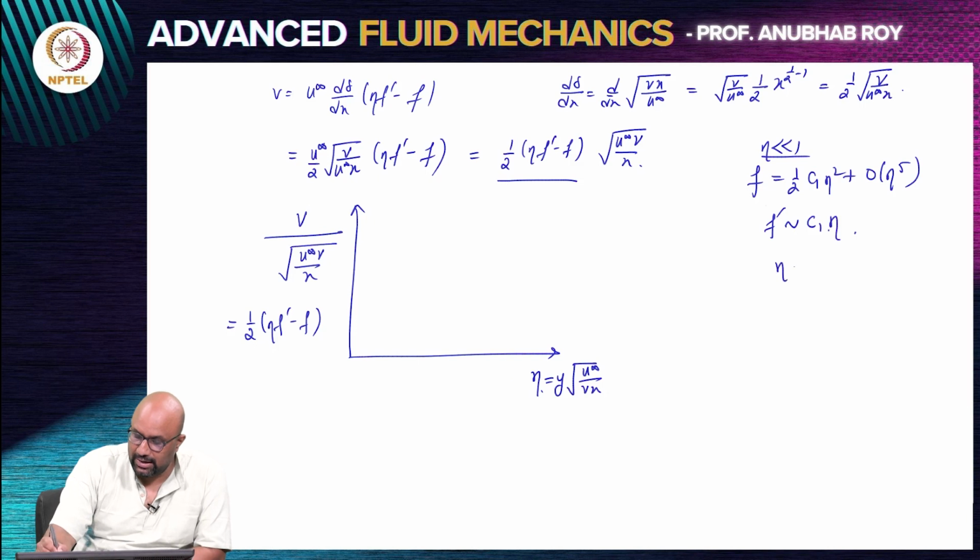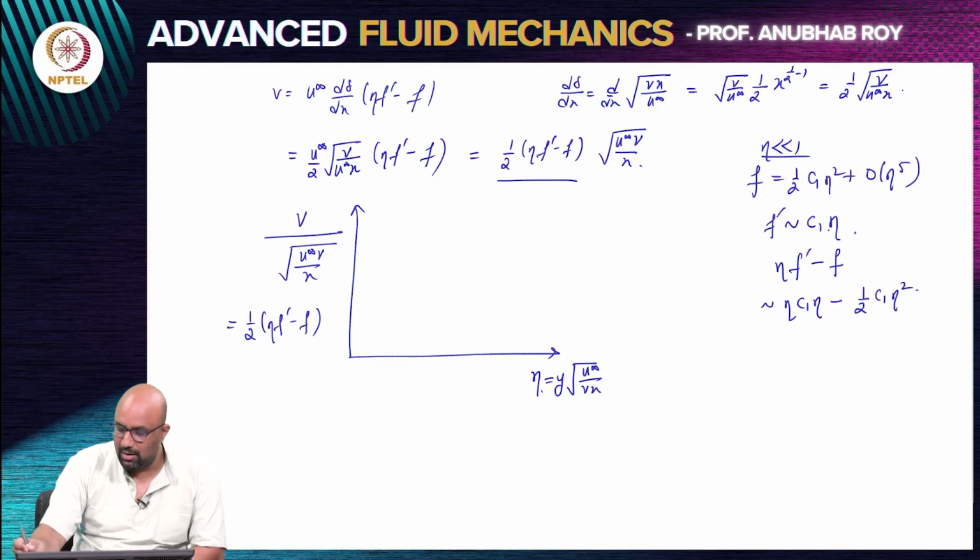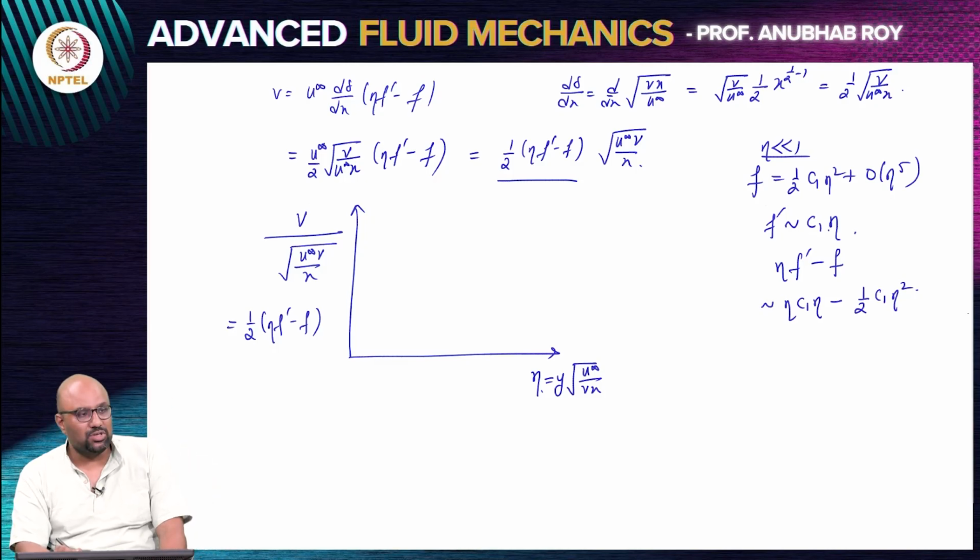Now eta f prime minus f would be eta c1 eta minus half c1 eta square. Obviously, this is asymptotic, which means that I am ignoring all the other higher order terms that are there.